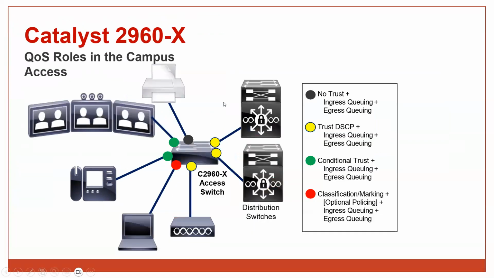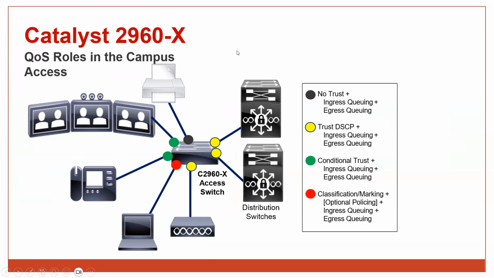That's the meaning of this trust point. Again, you can mark trust and untrust, mark them with DSCP marking, and do conditional queuing and other QoS configuration as well, which we will see in the configuration part.